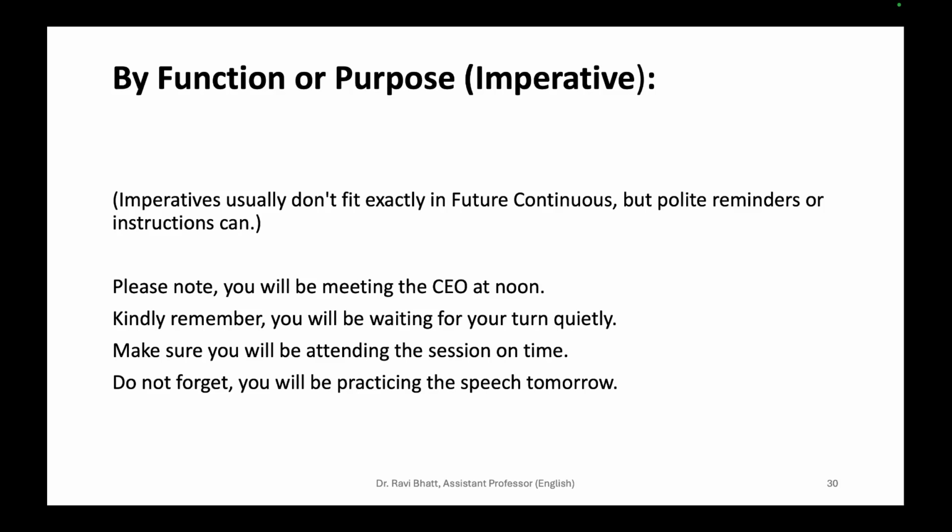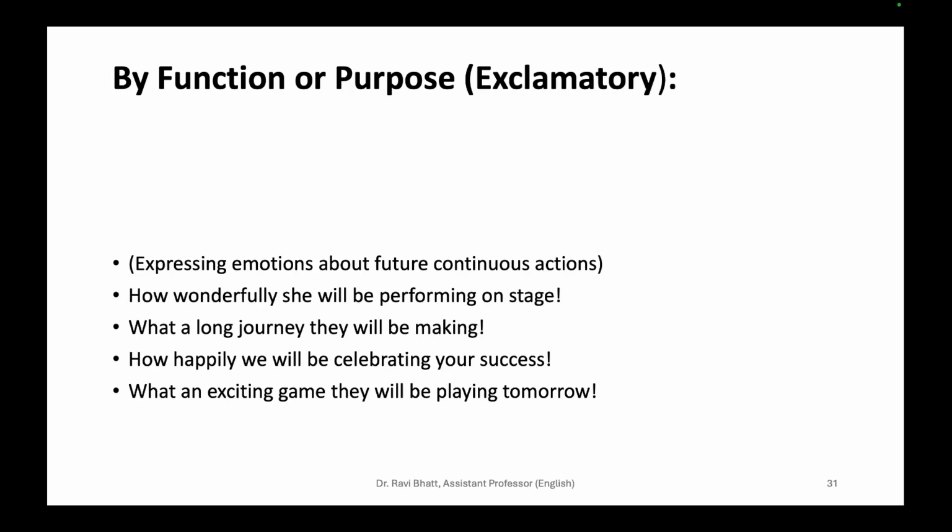Some examples here are: please note, you will be meeting the CEO at noon. Or kindly remember, you will be waiting for your turn quietly. Or say, make sure you will be attending the session on time. Or do not forget, you will be practicing the speech tomorrow. All right, so these are examples of imperative sentences.